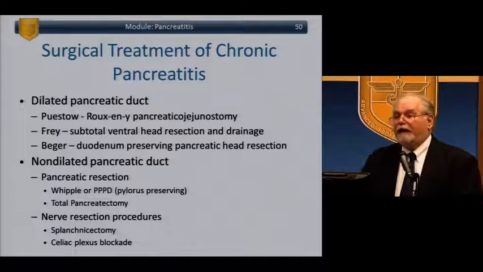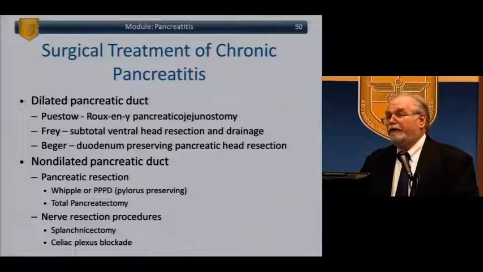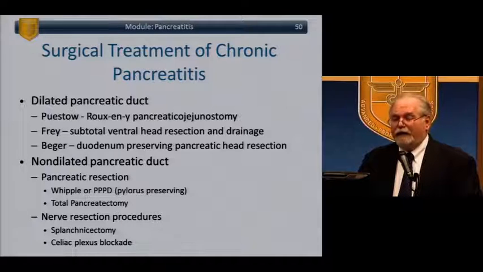If they have a dilated duct, they'll get a bypass type procedure, and they'll have a very high chance of success and pain relief. If they have a non-dilated duct, they're going to get a resective procedure. They're going to end up with brittle diabetes, and more likely than not will not have a good outcome regarding pain relief. Just to remember.